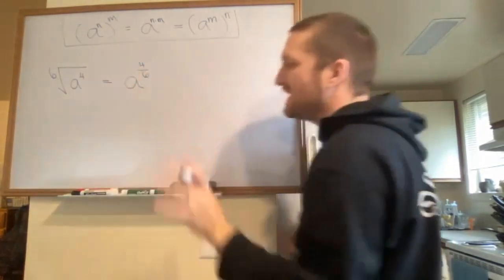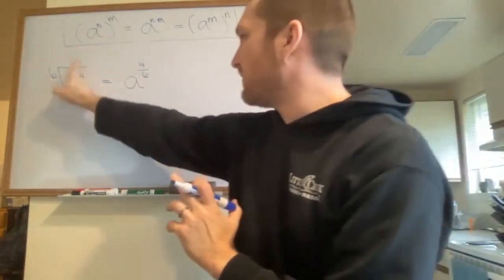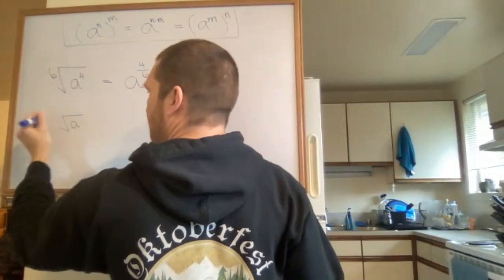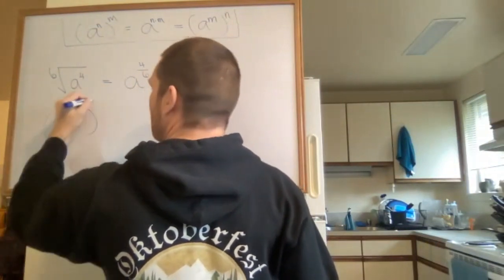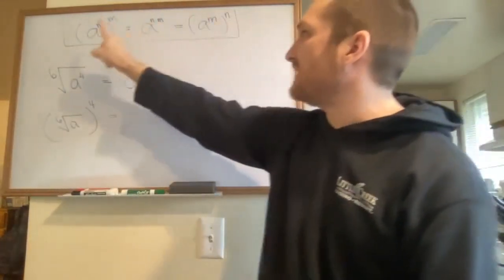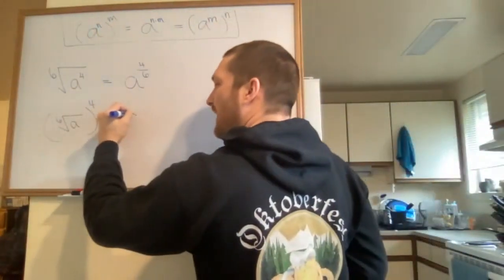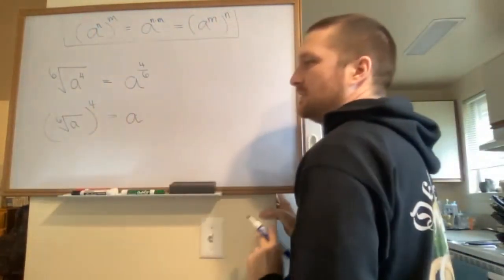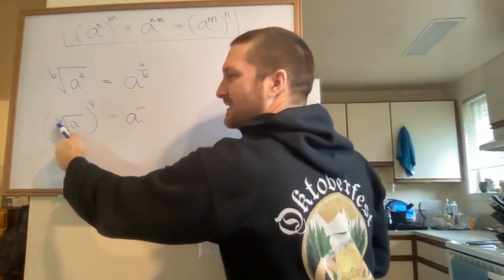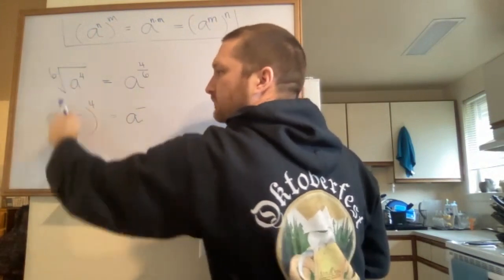In general, this is how you should read these things. It doesn't matter if it's on the outside or inside. These mean the exact same thing, thanks to this nifty little fact right here. Whatever goes in the denominator has to correspond to the radical itself.